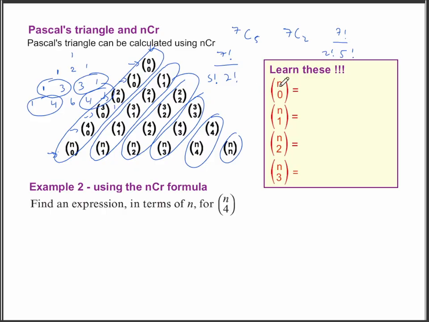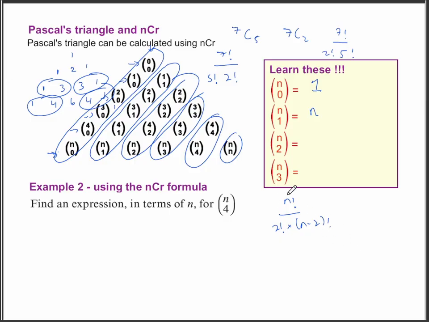So we did this before. Whenever you have n choose 0, we just have 1. Whenever we have n choose 1, we just have n. Then these two are a bit more complicated, but not really. Remember, n choose 2 is just n factorial over 2 factorial times (n minus 2) factorial.